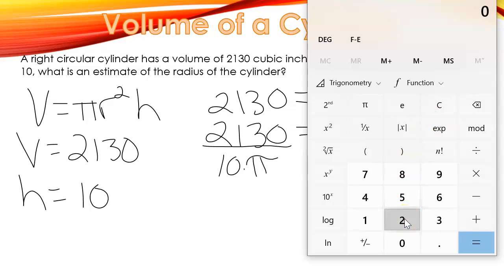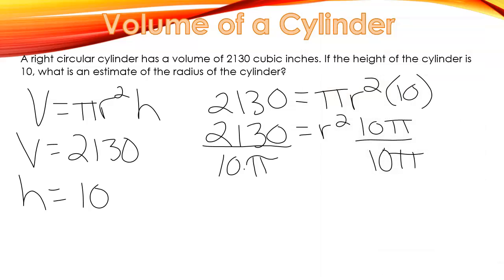Alright, so I'm going to divide by 10 and then by pi. So 2,130 divided by 10, and then I'm going to take that number and divide it by pi. So I get that it's approximately 67.8 equals r squared.